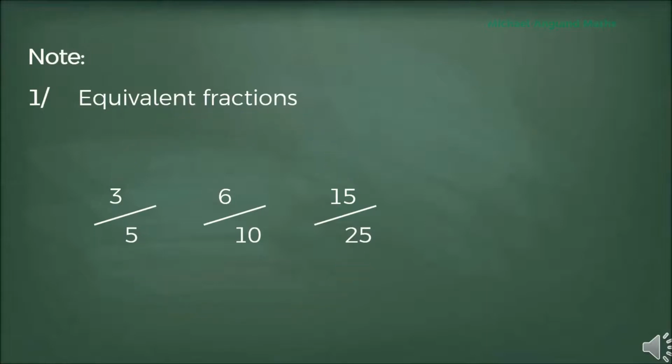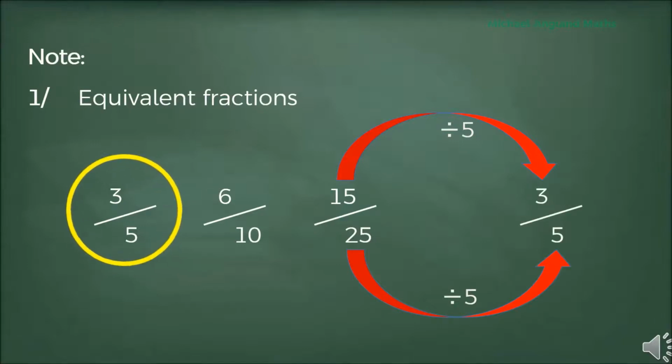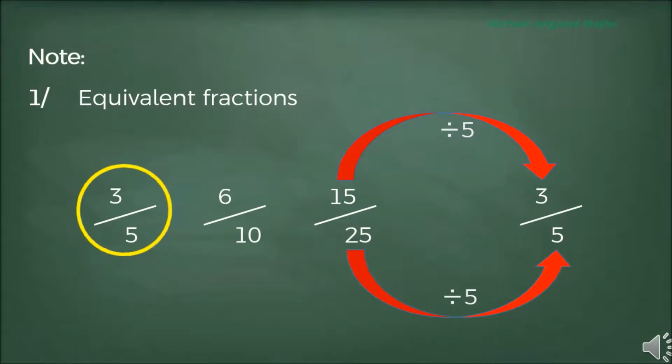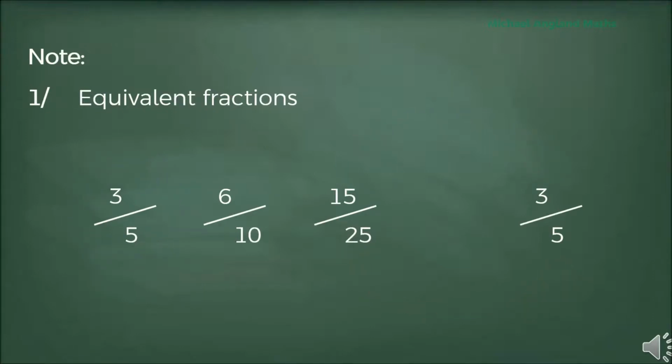And by the same token, we can go back to the original fraction or to a simpler form of the fraction by simply dividing. So in the case of 15 over 25, if we divide the numerator and the denominator by 5, we revert back to the simplest form of this fraction, the equivalent fraction of 3/5. This is basically what we're doing when we're cancelling. Instead of multiplying numerator and denominator, we're dividing them by the largest common factor.